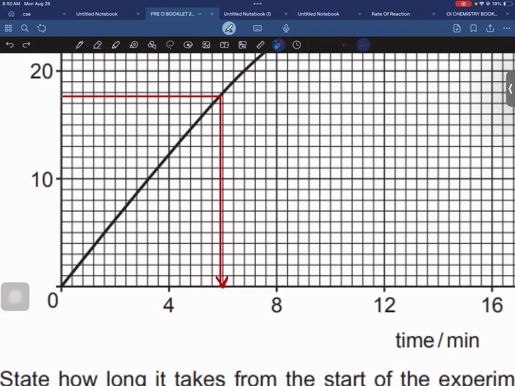Each box is what? This is 0 to 4. 10 boxes you have. Can anyone tell me?